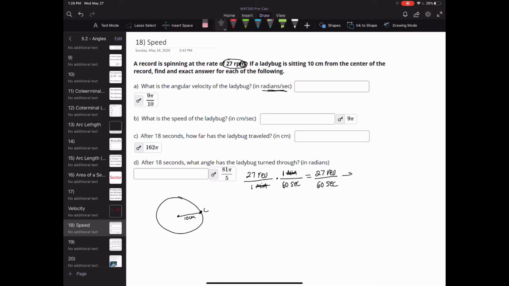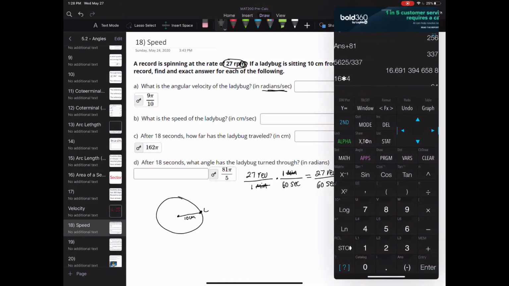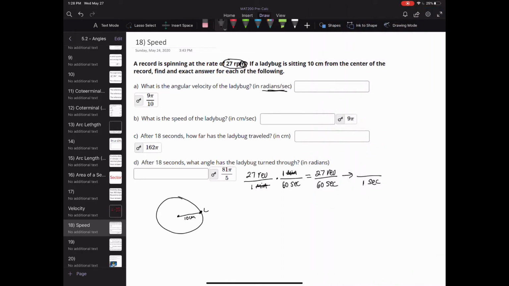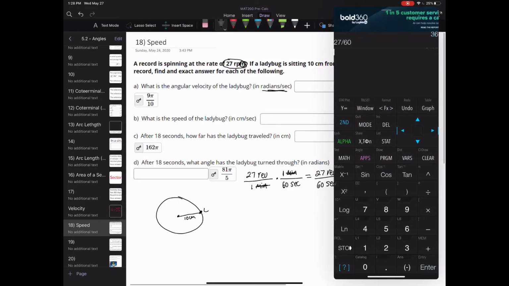Now, usually we want a unit rate. So let's see. I want to know how many revolutions happen every 1 second. So let's just divide that 27 by 60. 27 divided by 60. 0.45. Should we change it to a fraction?